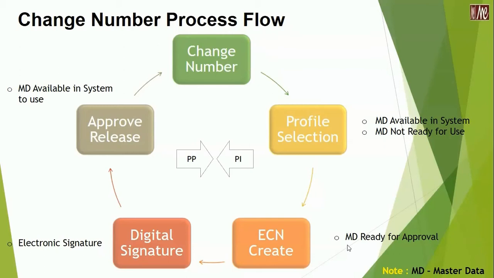Once the change number or ECN is available in the system, it goes for the approval process, and that approval process is carried out based on the digital signature. The entire holistic cycle we run in the system, and it is duly accepted through the SAP standard application.